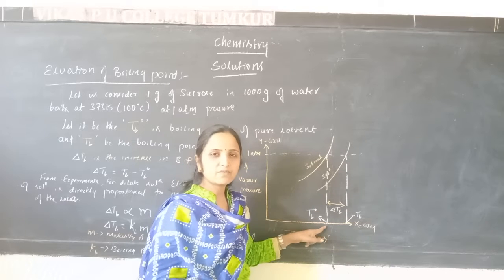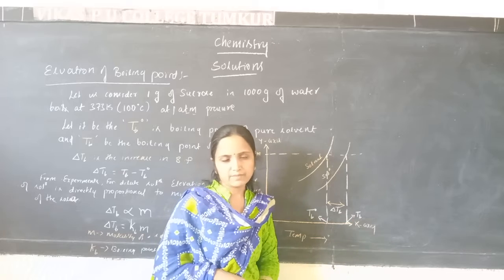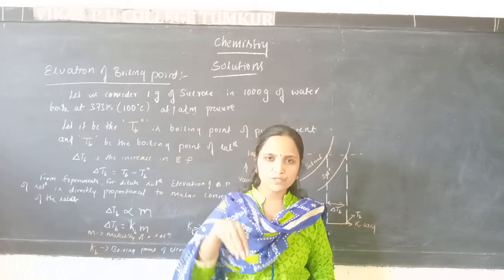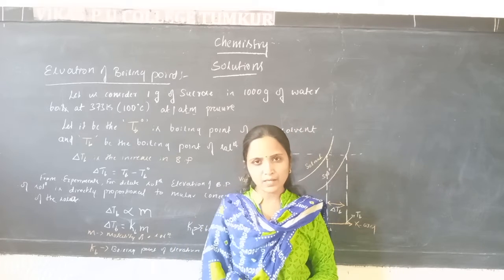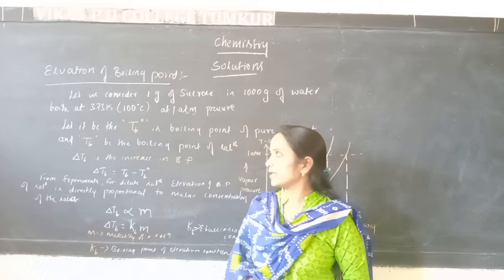The boiling point of the solvent is less than the boiling point of the solution, meaning it increases when a non-volatile solute is added to the solvent. That increase in boiling point we call the elevation of boiling point.